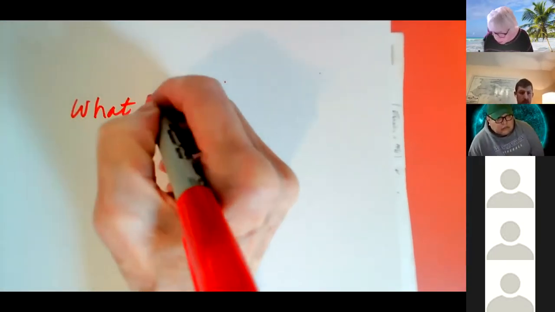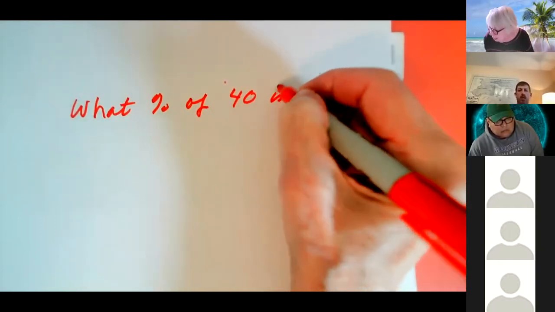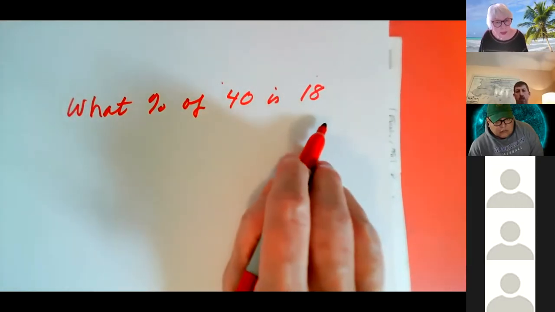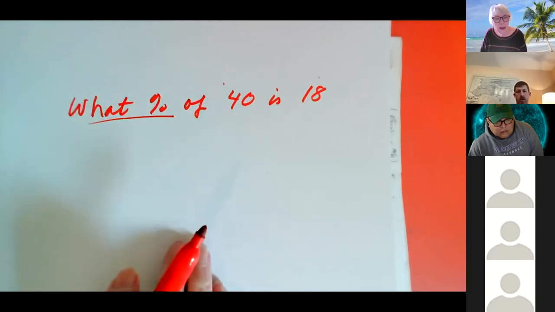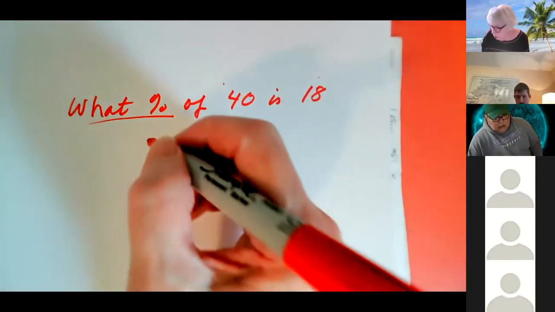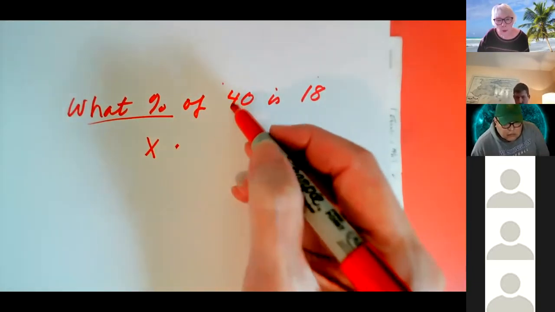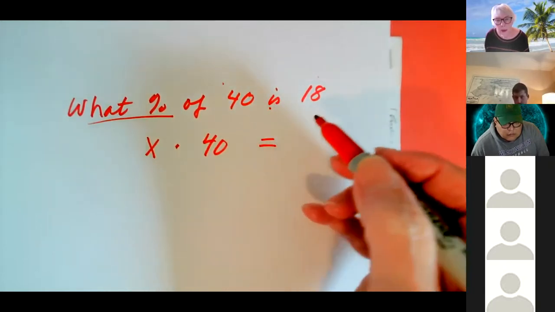What percent of 40 is 18? Now this looks a little bit different, but it's the same as the previous problem. What percent, you don't know, so I'm going to call it X, of times 40 equals 18.